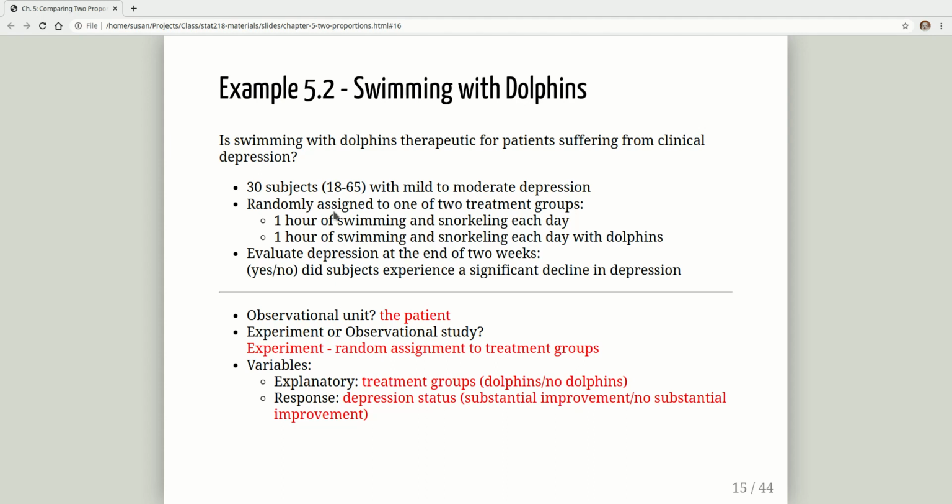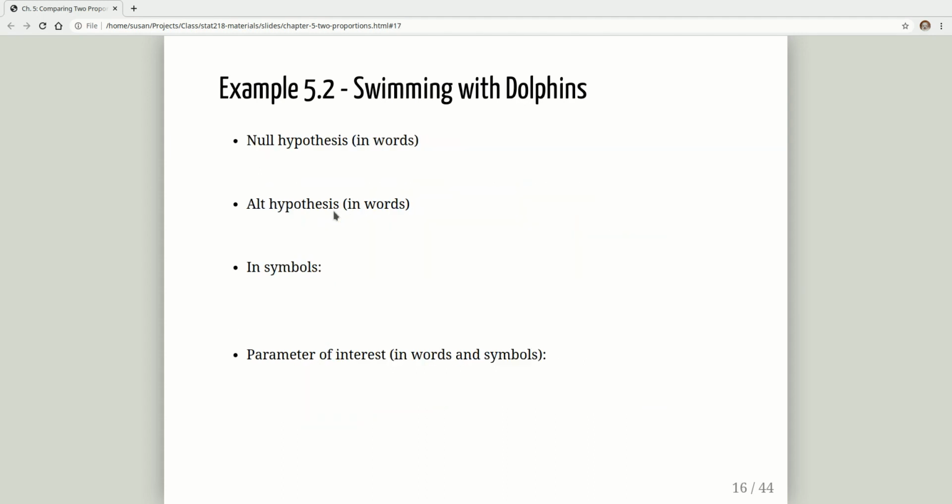So, if we look at our null hypothesis in words, what we really want to know, right, is does the treatment work? Okay, so does swimming with dolphins help depression? What that works out to, though, is did the decline in depression symptoms stay the same between the two groups?